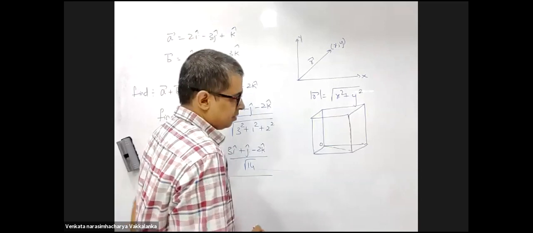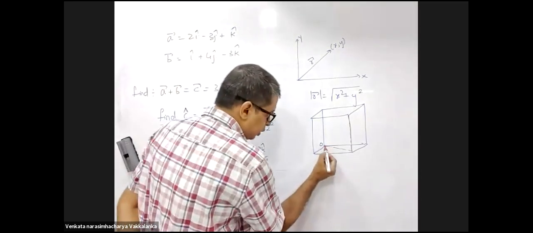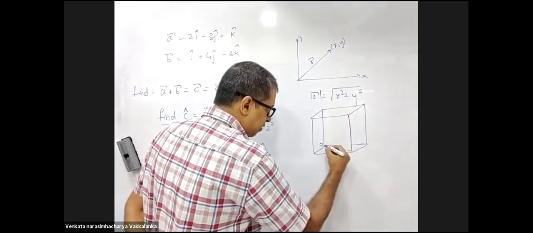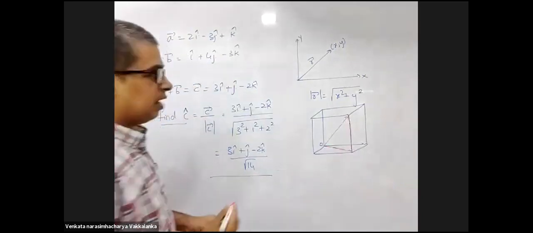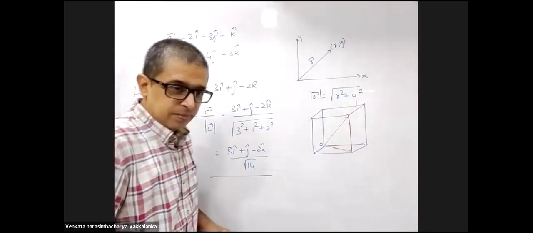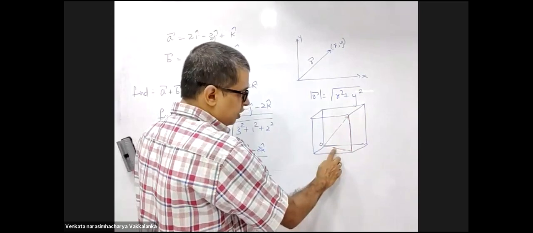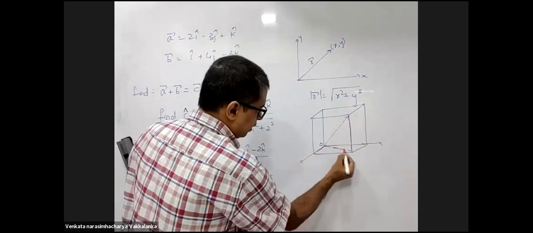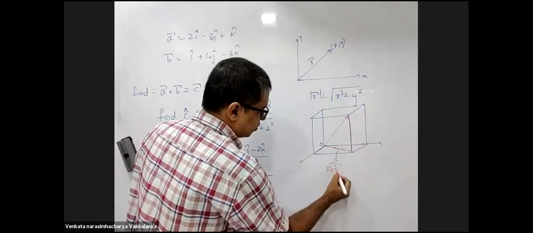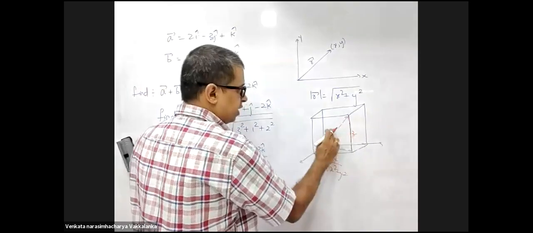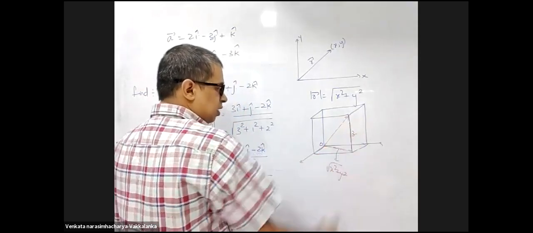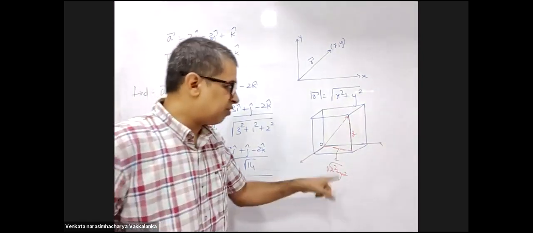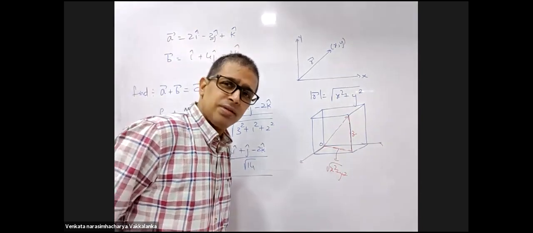Do you agree with that? Red colored dotted line is the base of the right angle triangle. This is the height of the right angle triangle. This is the vector R. Now, what is this? Root over of x square plus y square. If I take this as y, this will be root over of x square plus y square. This is z. Do I get this as root over of this square plus this square? Yes, sir. So root over of x square plus y square plus z square.